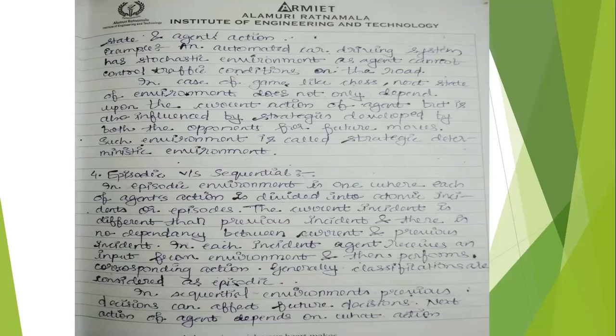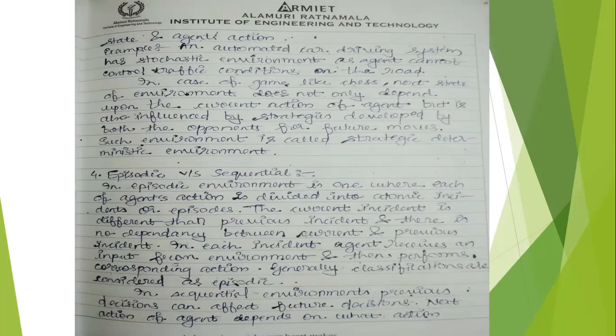The current incident is different from the previous incident, and there is no dependency between the current and the previous incident. In each incident, the agent receives input from the environment and then performs the corresponding action.